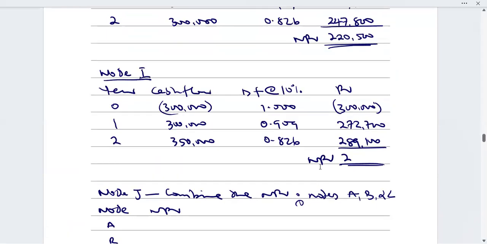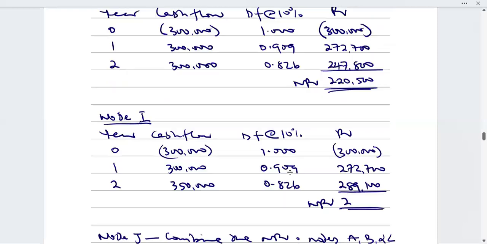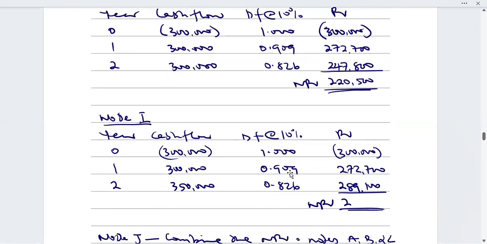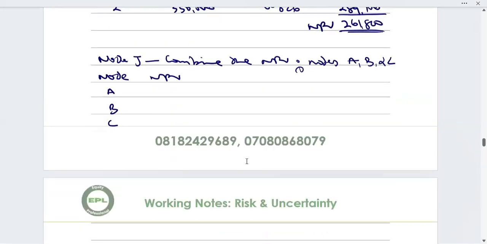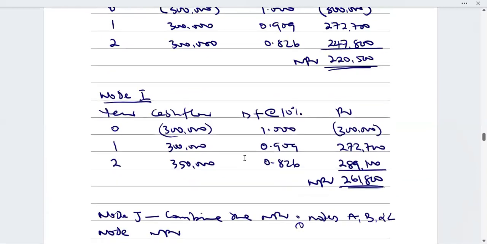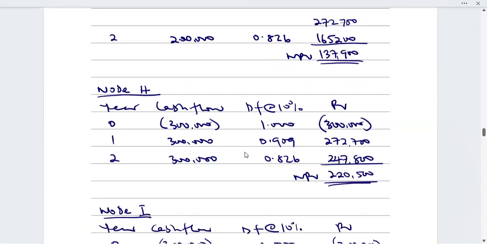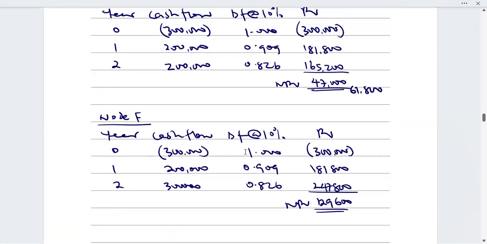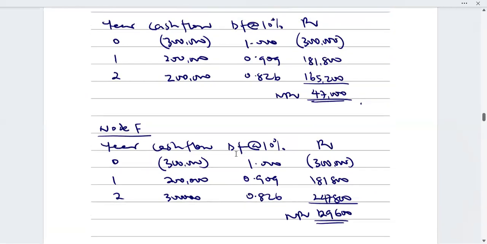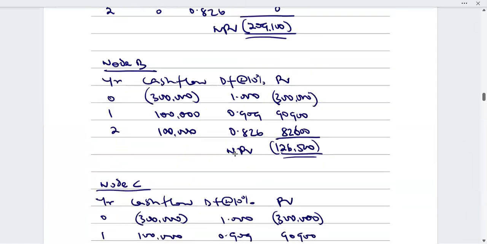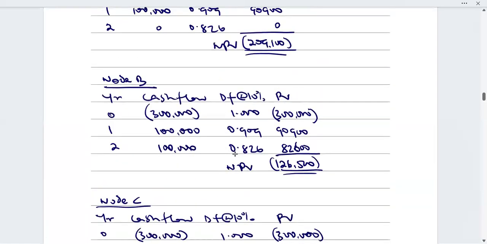Where did the figure I put here before go? What was that? 261,800. Okay. So the NPV of node A that we calculated was 209,100.